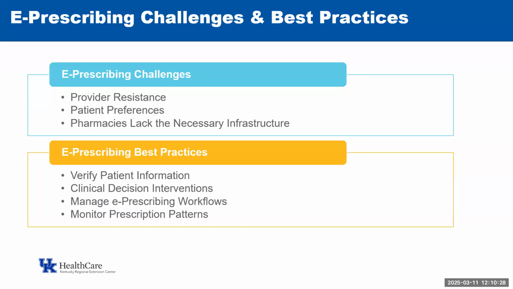So, some challenges that we see and some best practices that we have utilized. Originally, we saw a lot of provider resistance and we had patient preferences. And sometimes pharmacies lack the necessary infrastructure. And we know that this process is not always perfect.